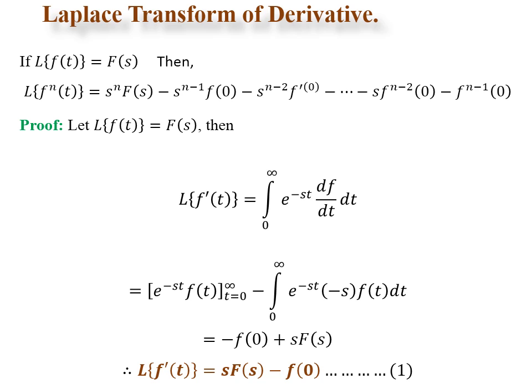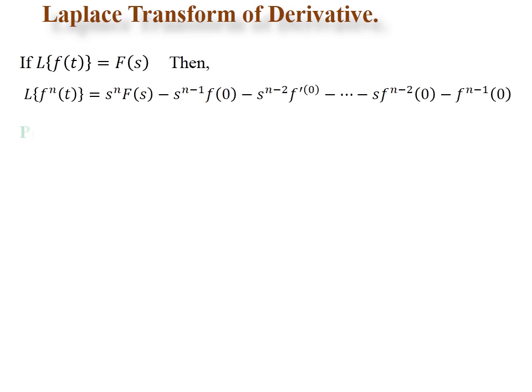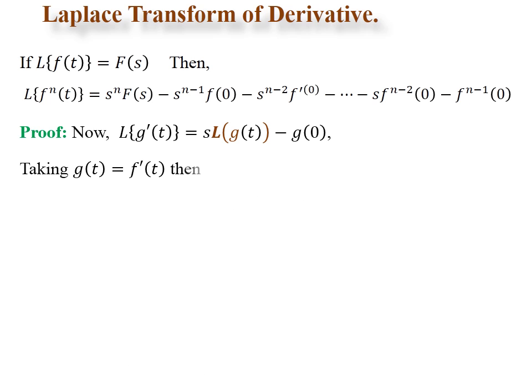Now we extend this property to the second order derivative. For this, we put Laplace of g'(t) will be s Laplace of g(t) minus g(0) from equation 1. Now we put g(t) equals f'(t).